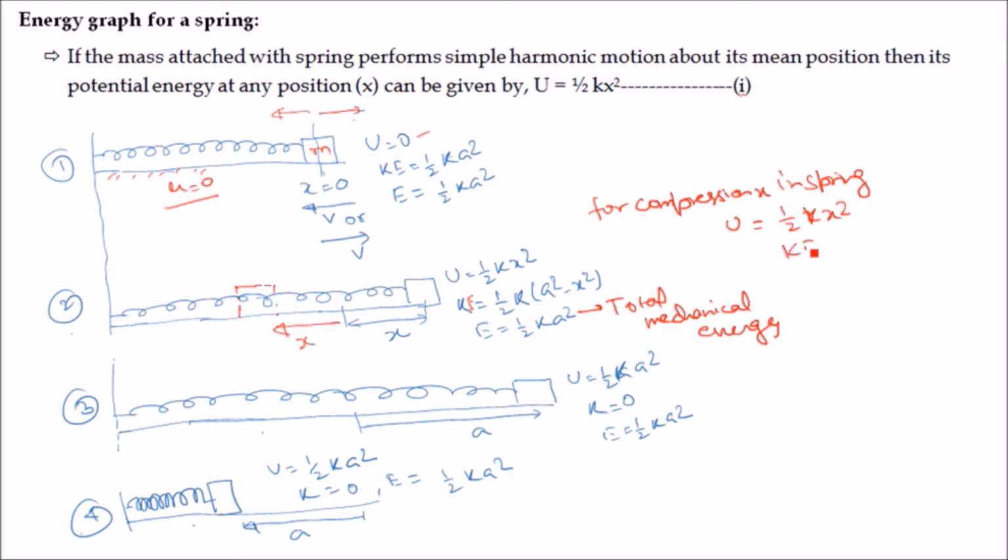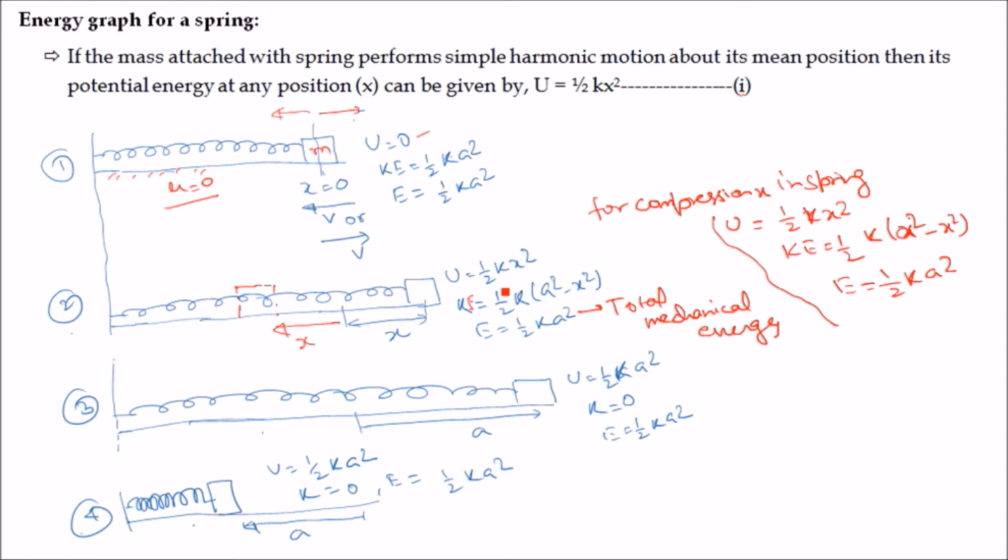The kinetic energy is equal to half k (a square minus x square), and the total mechanical energy E is equal to half ka square. So we may note that at any point of time the total mechanical energy is constant, and actually it is constant, equal to half ka square. It is the potential energy which is converted to kinetic energy and kinetic energy converted to potential energy.